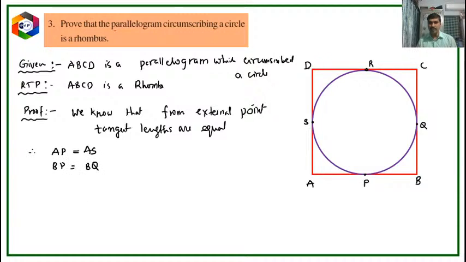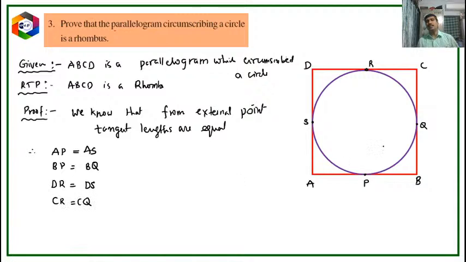Next, DR will be equal to DS. Since D is the external point, whatever the distance, these two are touching the circle, so these two will be considered as tangents. So DR is equal to DS. And finally, CR will also be equal to CQ.